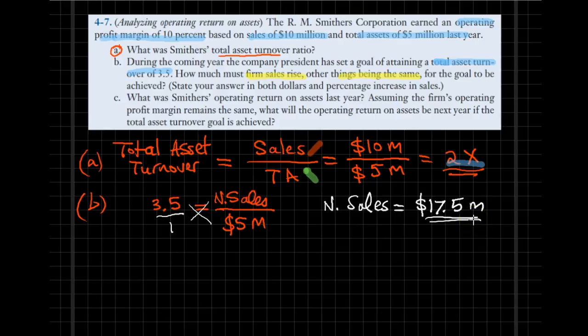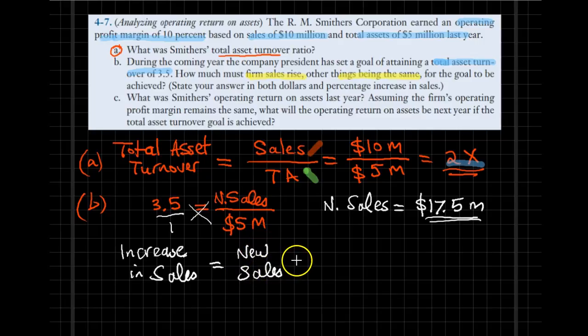Now the question is asking for the increase in sales, so therefore increase in sales equals the new sales minus the current amount of sales.